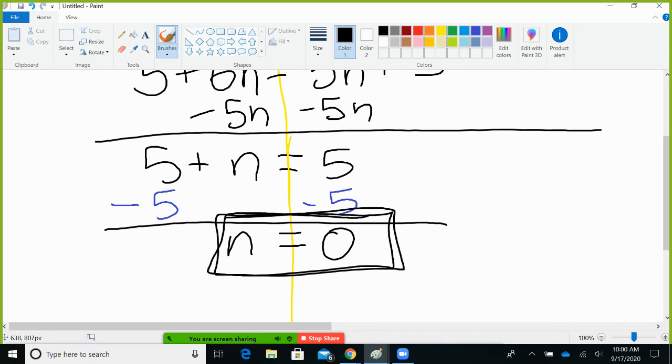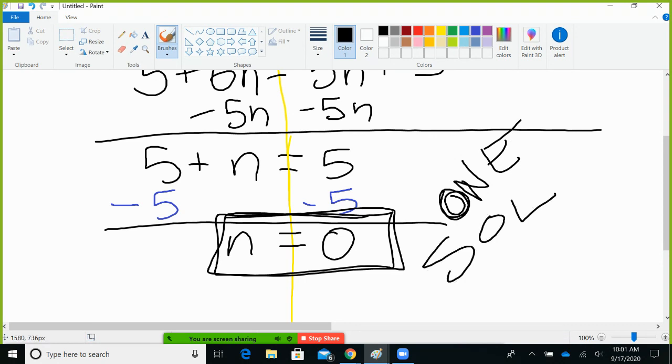And the question is actually asking us to solve it and to determine if it has one solution, no solution, or infinitely many solutions. How many solutions does this problem have? One solution.